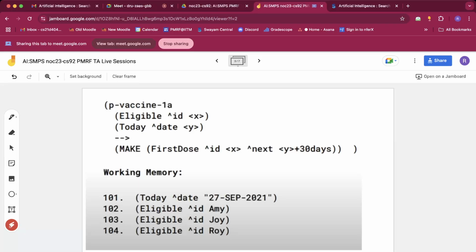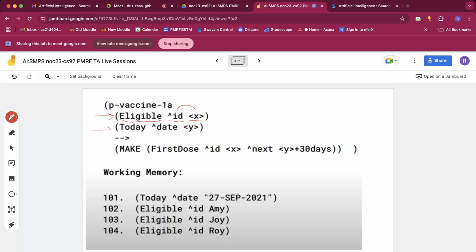Here, this will be the name of the rule. Now let's break down the different information given to us in the rule itself. The first element given in the rule is this one. Here eligible would be the class, id would be the attribute and x would be the value that this attribute will take.